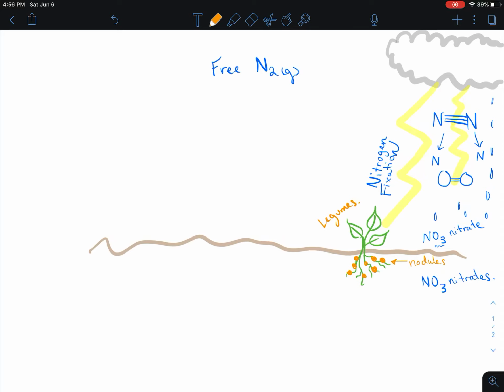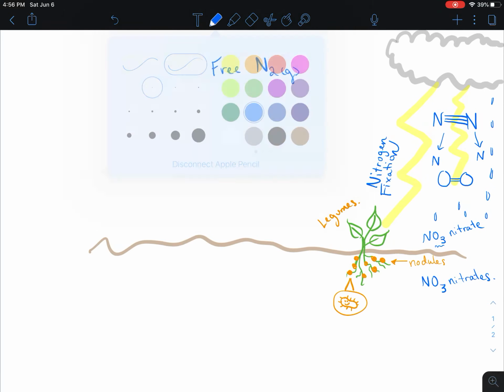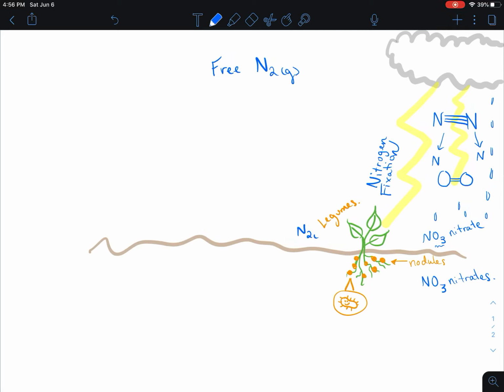And inside of these nodules, if we were to zoom in, these helpful bacteria, they help to convert N2, so that free nitrogen gas that's not useful in its current form. They take that N2, rip it apart similar to what happens in the lightning here, and they combine it with oxygen and again form nitrate.